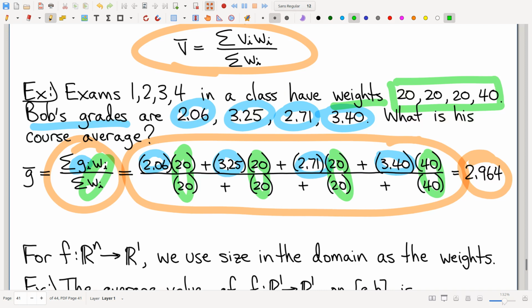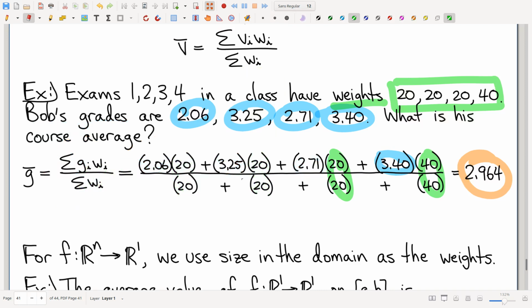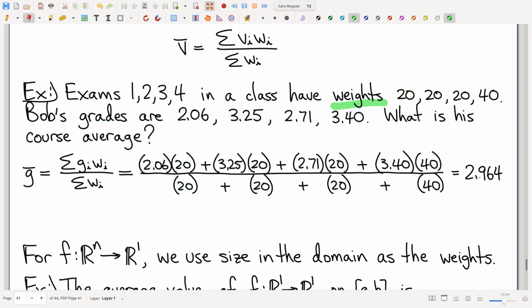Now, real quick before we go on from that, I'm going to point out that while we're talking about grades in this course, I do want to make sure everybody is comfortable with the formula for how grades are going to be computed in this class. So again, it's just a weighted average. The weights and all the other specifics are on the website.